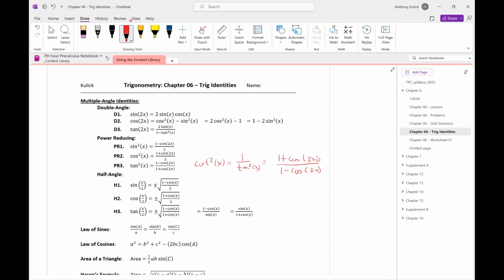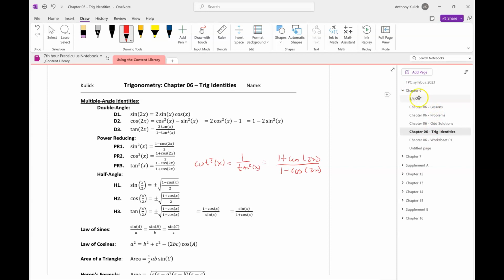Is everybody okay with what I did there? So if I had to do secant squared or cosecant squared, what am I going to do? The same thing, just make a reciprocal of sine or cosine, whichever one is the one I need. Everybody's cool? No biggie? Okay.